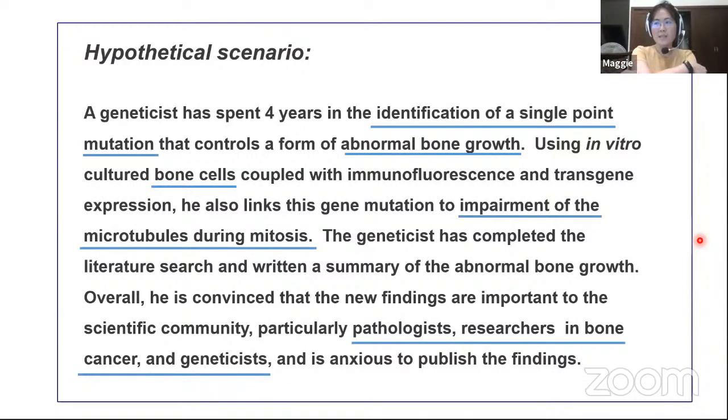He used in vitro cultured bone cells coupled with immunofluorescence and transgene expression, and linked this gene mutation to impairment of the microtubules during mitosis.